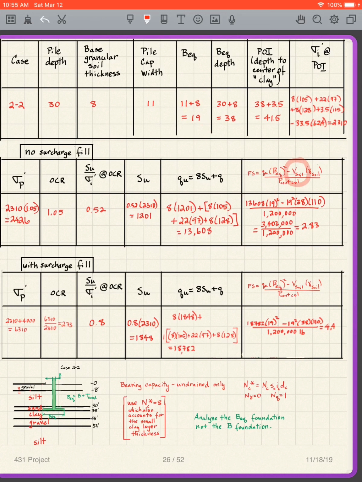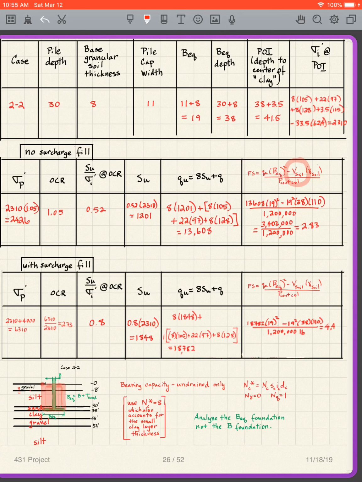Then I have to subtract off the volume of the soil. Now what volume of soil am I talking about? I'm talking about this volume of soil right here, this region.